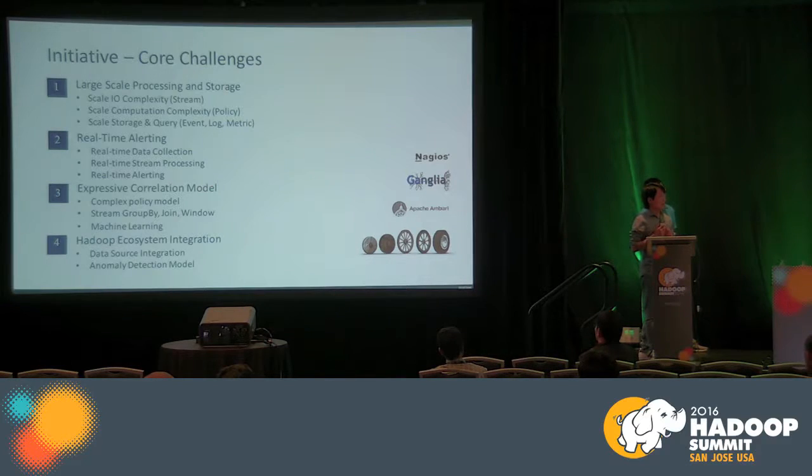And more important, we think the predefined policy may help us to alert on some bad things efficiently, but we think machine learning will identify some things that cannot be declaratively defined in a policy. More important, in Eagle, we care about the monitoring alerting model more than the physical execution engine.